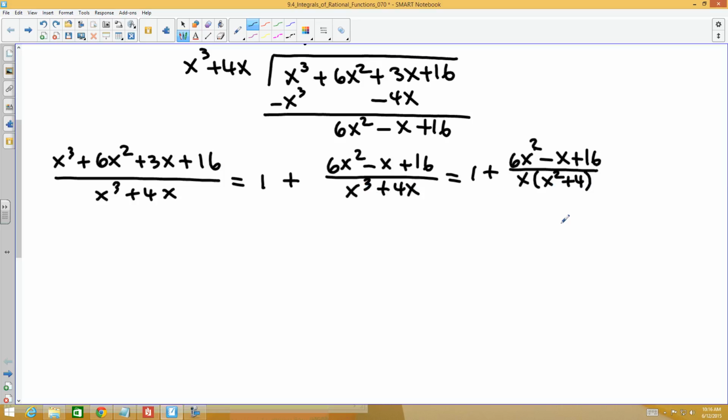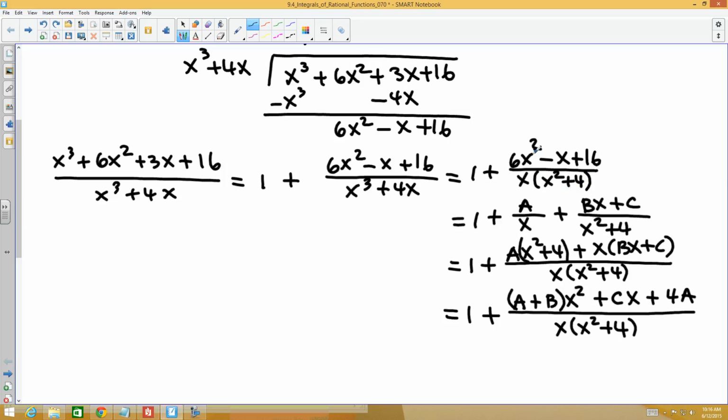Note that x squared plus 4 cannot be reduced to product factors of linear terms, because it is irreducible. Now we write this term as A over x plus, because x squared plus 4 is irreducible, Bx plus C on the numerator. So we want to find A, B, and C.